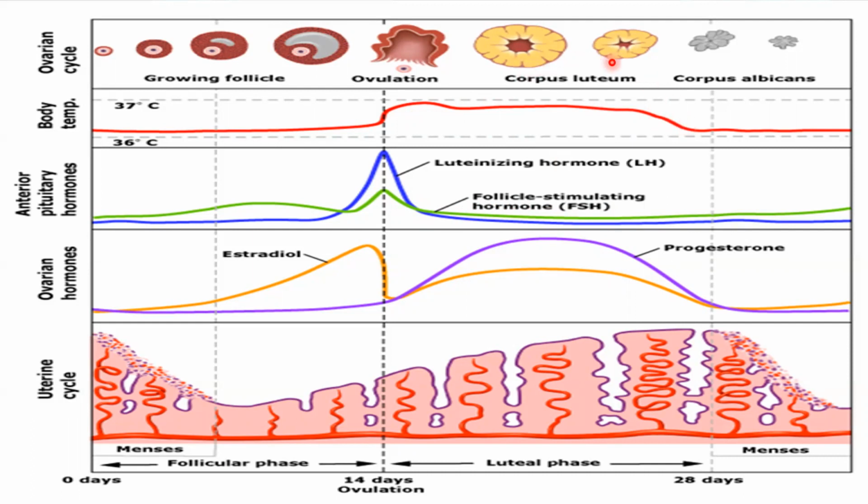Now when the corpus luteum gets degenerated, it is converted to corpus albicans. So the corpus luteum is degenerated, that means the level of progesterone will come down. As the level of progesterone comes down, the wall again breaks, and then again there is the menses. The luteal phase goes on from day 15 to day 28, and after day 28 again day 1 begins, that is menses. So this is the entire process of the menstrual cycle.